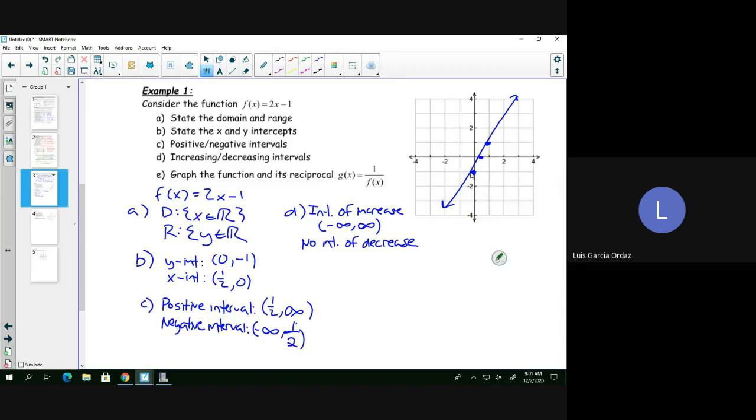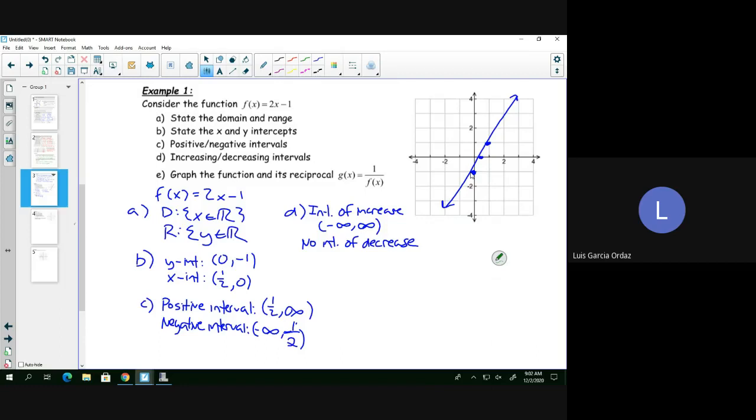So now what we want to do is graph g of x equal to 1 over f of x, which in this case is g of x equal to 1 over 2x minus 1. Okay? So where we see our x-intercept in the parent function, what does it turn into in the reciprocal function? Remember, our x-intercept is when the y value gives us back 0. But if we have 0 in the denominator of any function, what does the function usually give us?